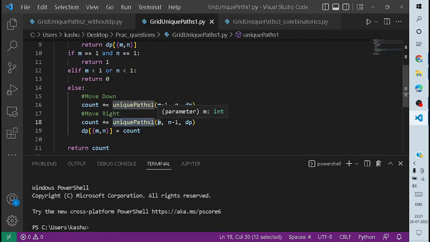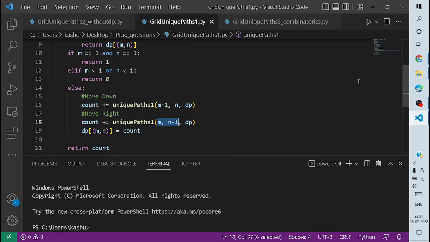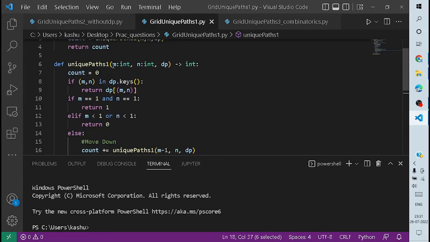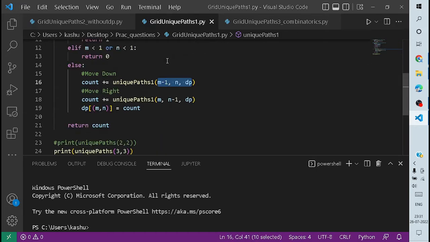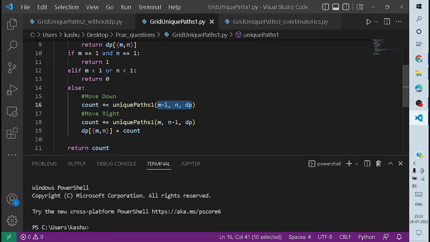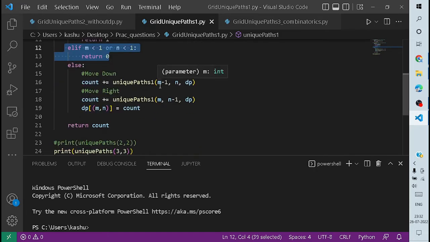So for 1 comma 3 minus 1 is called, the current values of m comma n go on to stack and we have m 1 and n 2 over here. It again comes back over here and as you know for m equal to 1, m minus 1 will be 0 and this terminating condition would be encountered and again the return would happen.